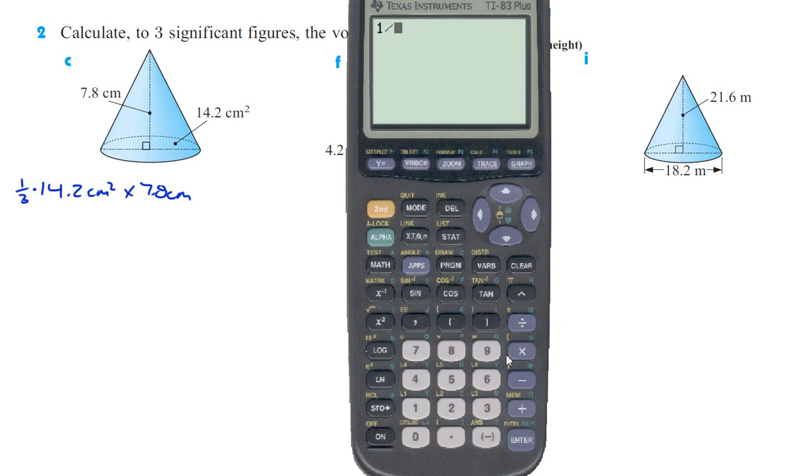So 1 divided by 3. I would definitely do 1 divided by 3 instead of 0.3, because 0.3 is going to throw your answer way off. So 1 divided by 3 times 14.2 times 7.8, and that gives us 36.92.